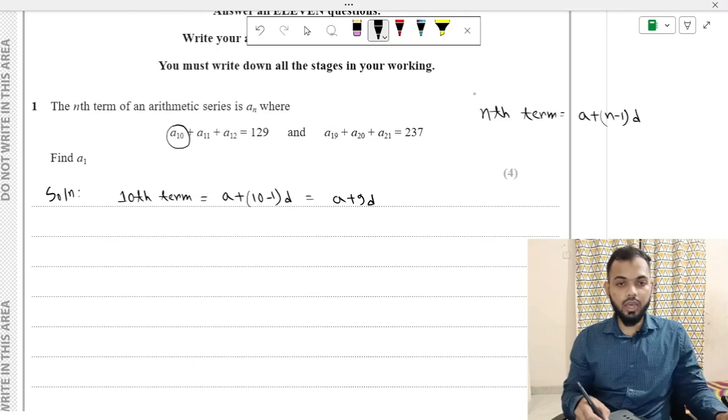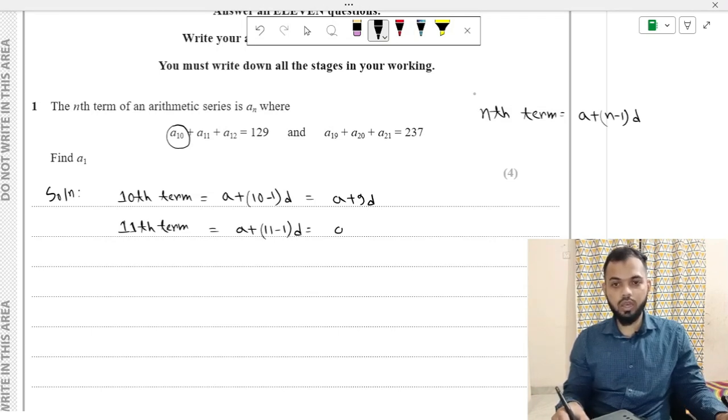Okay, so for the 11th term, we can write a plus 11 minus 1 into d, which is a plus 10d. And similarly for the a12, which is the 12th term, we can write a plus 12 minus 1 into d, so this is basically a plus 11d.